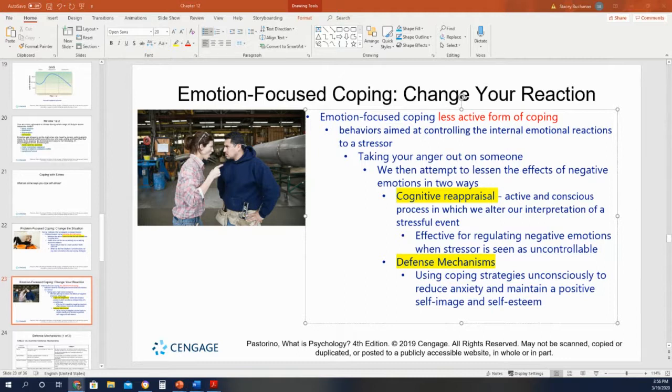So, didn't mean to do that. So, cognitive reappraisal. Just to remind you of the definition, we alter our interpretation of the event.